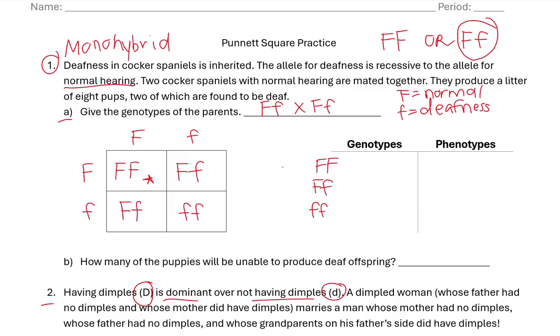It does not tell us whether it wants a ratio or a percentage, so I'm going to stick with a percentage. So 1 out of 4 would be 25%. How many would be heterozygous? Well, this one and this one. So 2 out of the 4 would be 50%. How many would be homozygous recessive? 1 out of the 4, 25%.